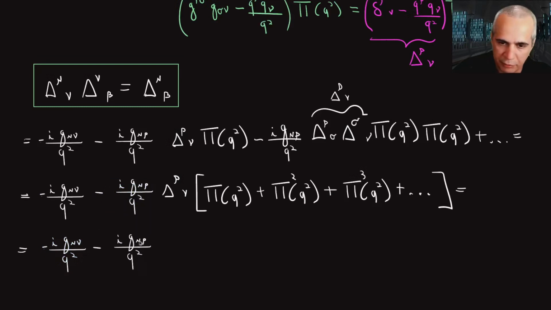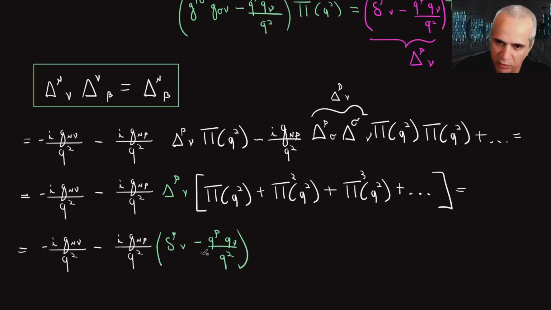Now I want to rewrite this delta explicitly. Let me color it. So I'll write it explicitly here, delta rho nu minus q rho q nu over q squared, right?